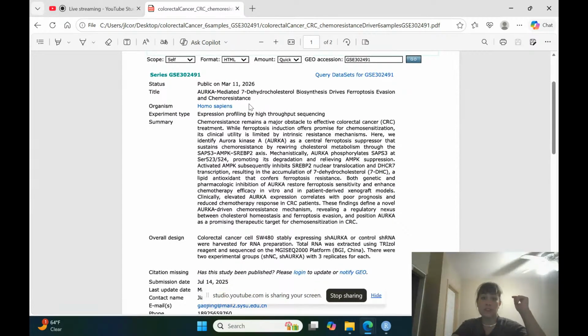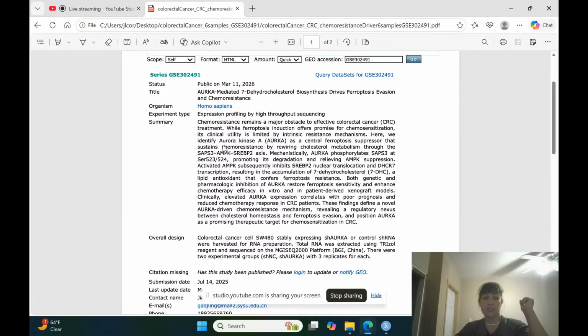AURKA-mediated 7-dehydrocholesterol biosynthesis drives ferroptosis evasion and chemo resistance in colon cancer. So chemo resistance remains a major obstacle to effective colorectal cancer treatment. While ferroptosis induction offers promise for chemosensitization, its clinical utility is limited by intrinsic resistance mechanisms.